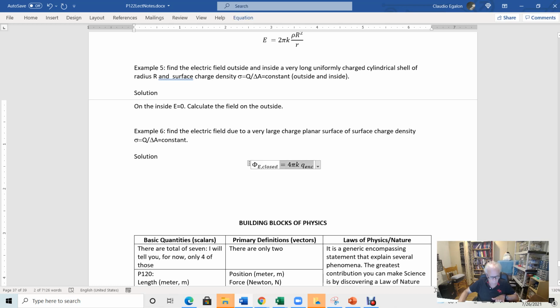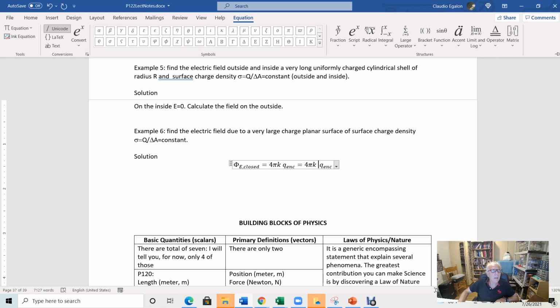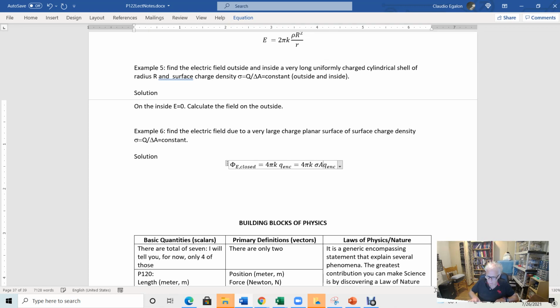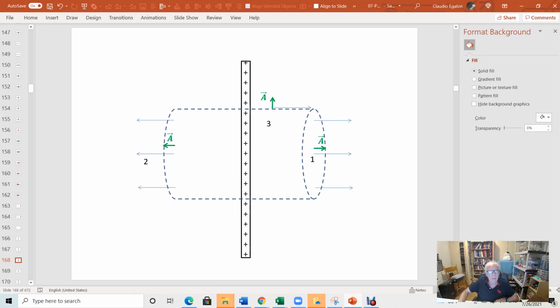The charge enclosed by that cylinder is going to be sigma times area. Okay? Sigma area. Would be a circular area that projects over the surface of this guy.